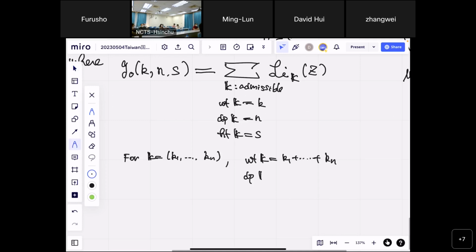And depth is the number of variables. Height is the number of components which is bigger than 1.